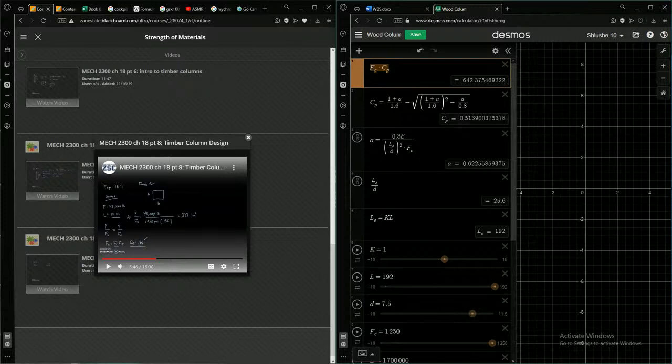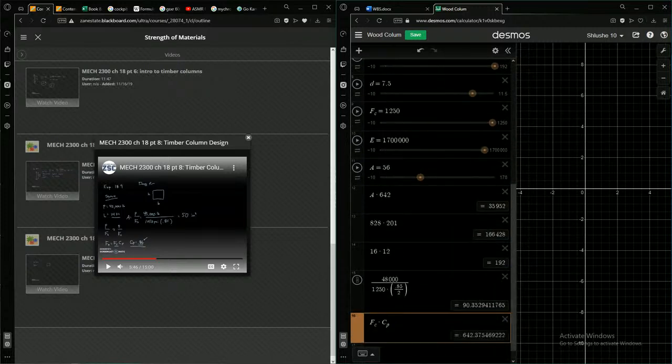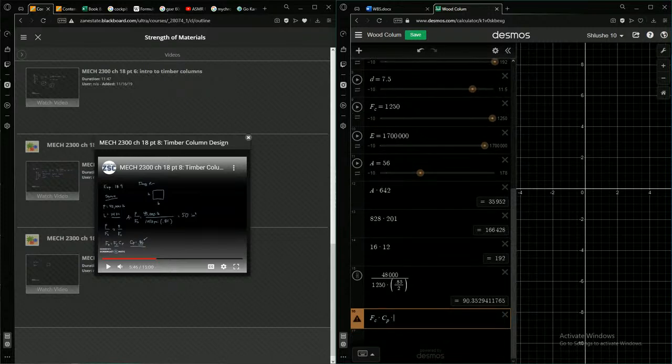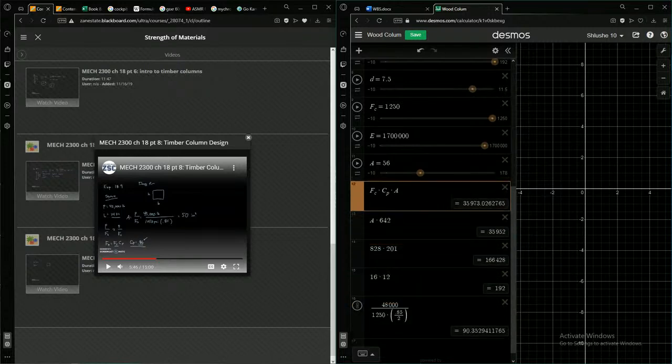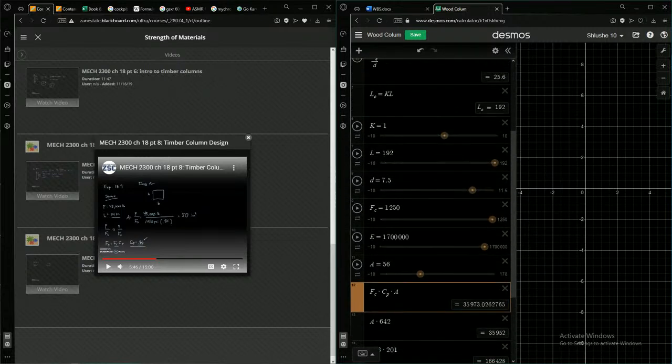Okay, I'm gonna actually copy this equation. I'm going to paste it down here, and I'm gonna add the area to it. So A. There we go. Now we're gonna get a live readout of what we're gonna get out of this. So now we can adjust all three factors at the exact same time and get a live readout of what we're supposed to have.